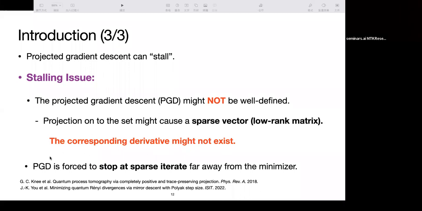Then because the next iterate is not well defined, it can happen that projective gradient descent is forced to stop at a sparse iterate far away from the minimizer. And this phenomenon is called the stalling issue for the projective gradient descent.